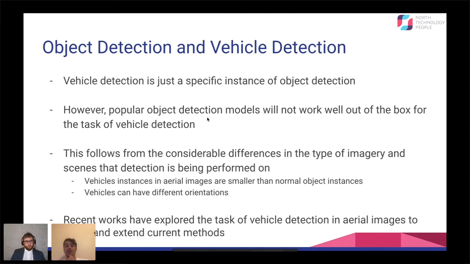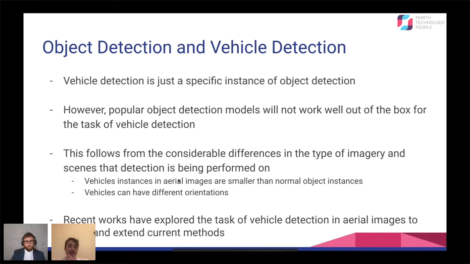However, popular object detection models don't work well out of the box for vehicle detection. And this follows from the differences that aerial imagery has from regular images. Typically, when we have drone or satellite imagery, the objects in the image may be very small.